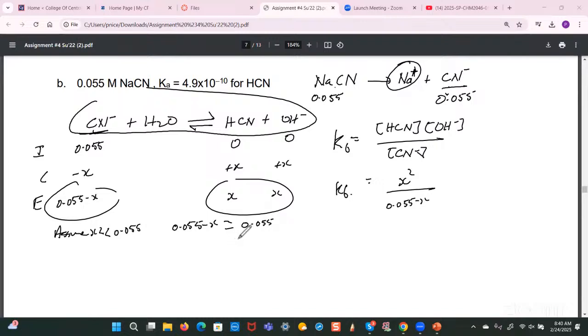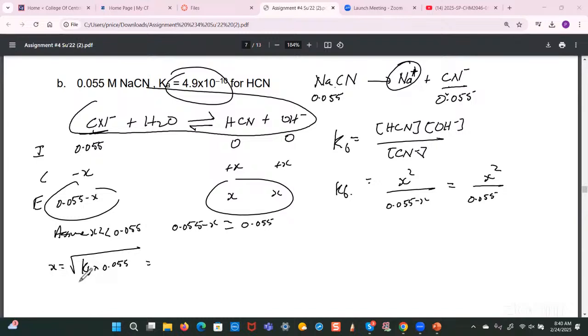So basically this simplifies to x squared over 0.055, which means that x would be equal to the square root of Kb multiplied by 0.055. And we are given a Kb here. Oh no, we're given a Ka. Okay, here's where the second issue comes up.